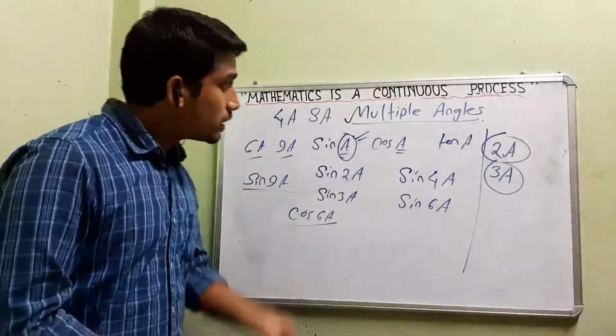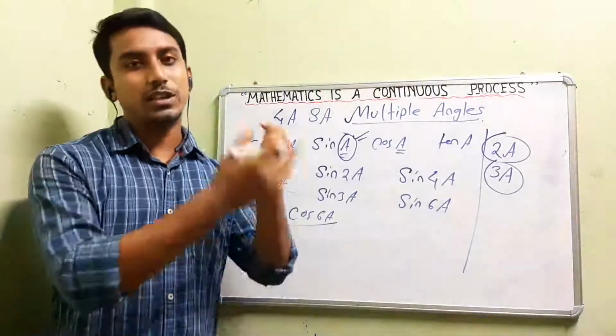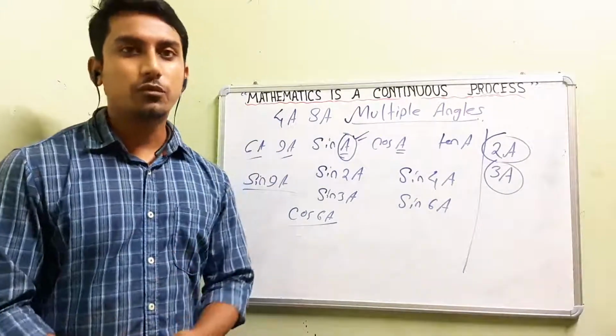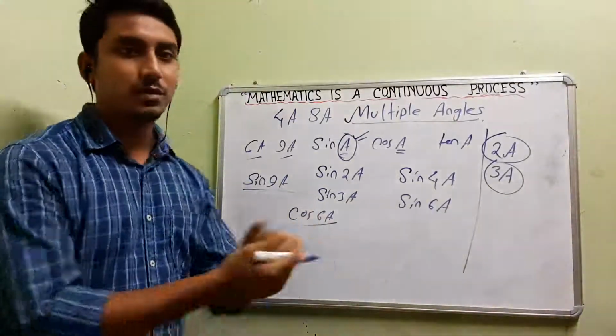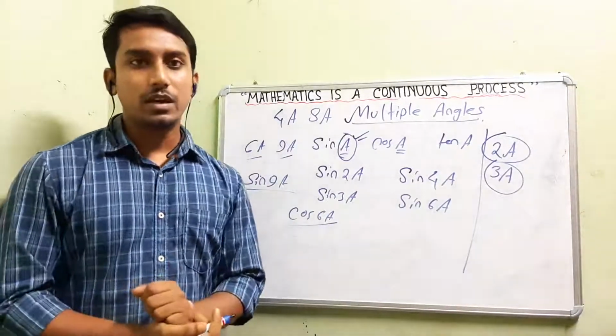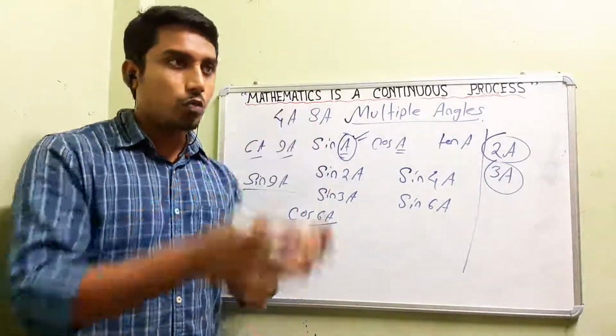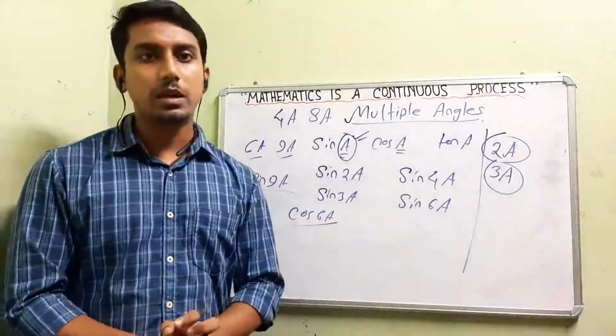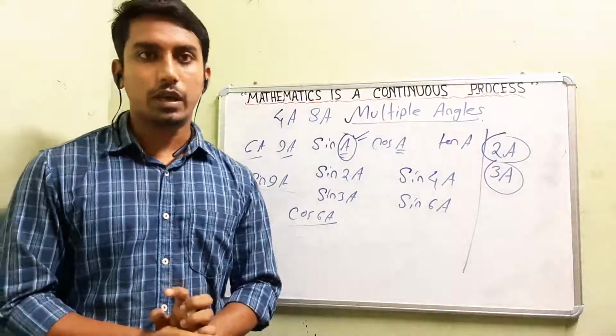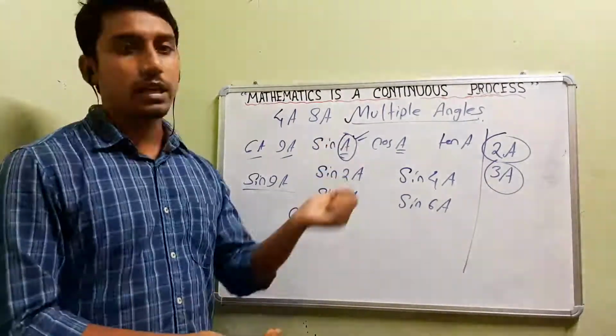To learn these things, again we need to know some formulas. Without formulas, in trigonometry we cannot take a single step. In each topic there will be some formulas. List out all the formulas on a chart paper and stick it on your wall, so that in solving problems you can directly see from there.